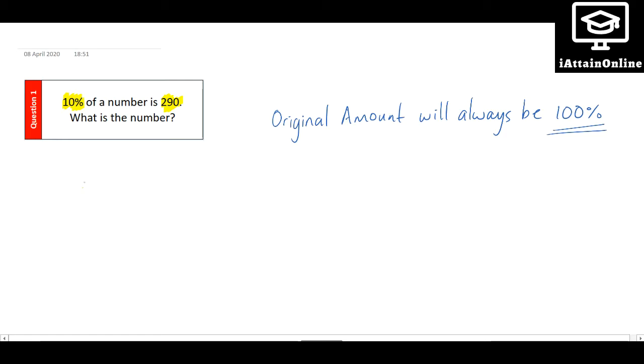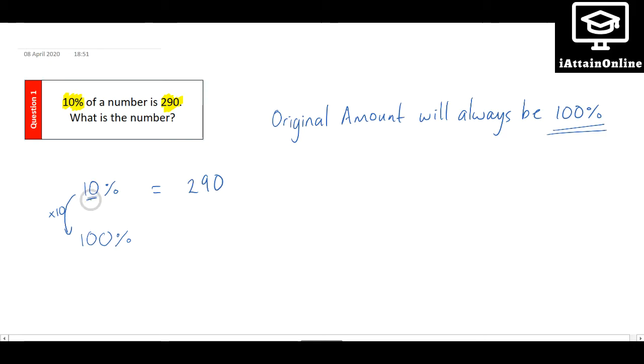The way I'm going to do this is I'm going to say, okay, 10% of a number is 290. 10% goes nicely into 100, and remember, it's that 100% that we're looking for. So to get from 10 to 100, you are going to multiply by 10.